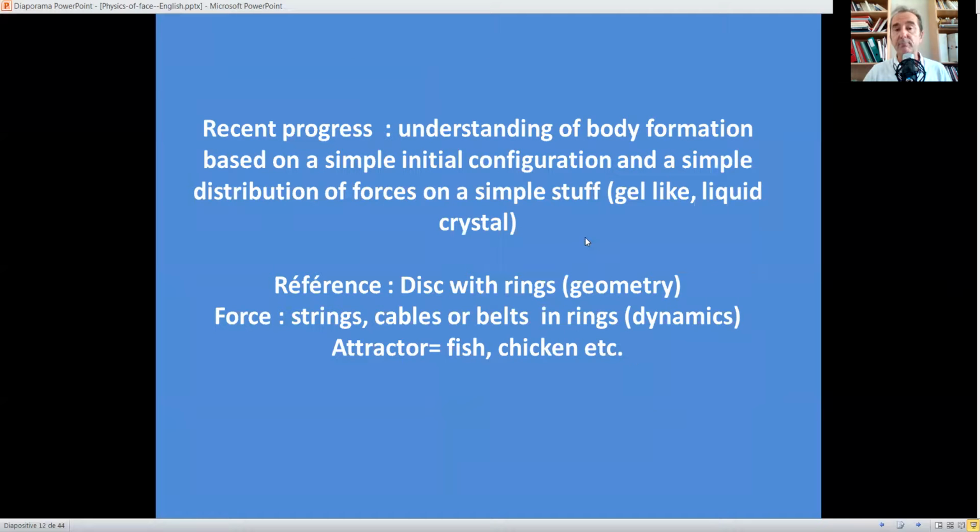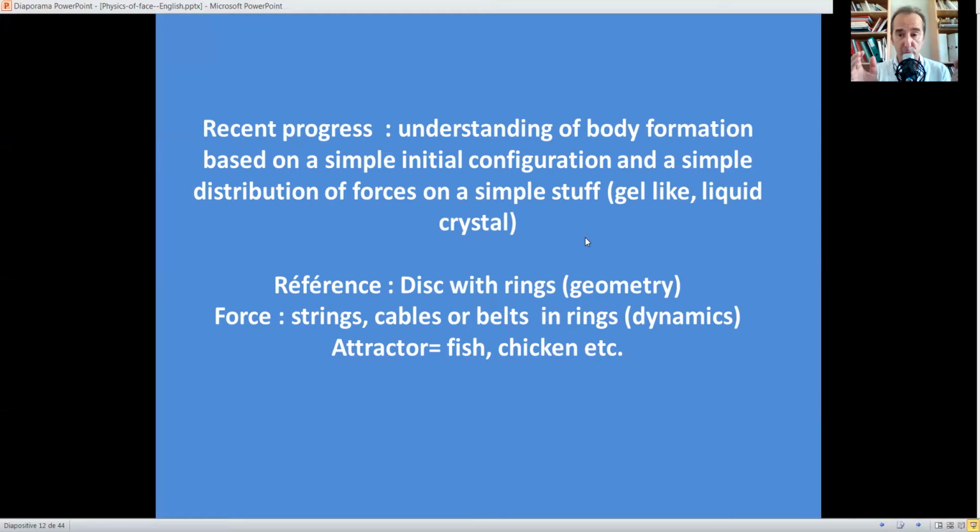Still, we can address most of the development without knowing anything about the biology if you have the proper hypothesis. So recent progress has managed to understand body formation on a simple set of hypotheses. First of all, the initial configuration for development is much simpler than expected.